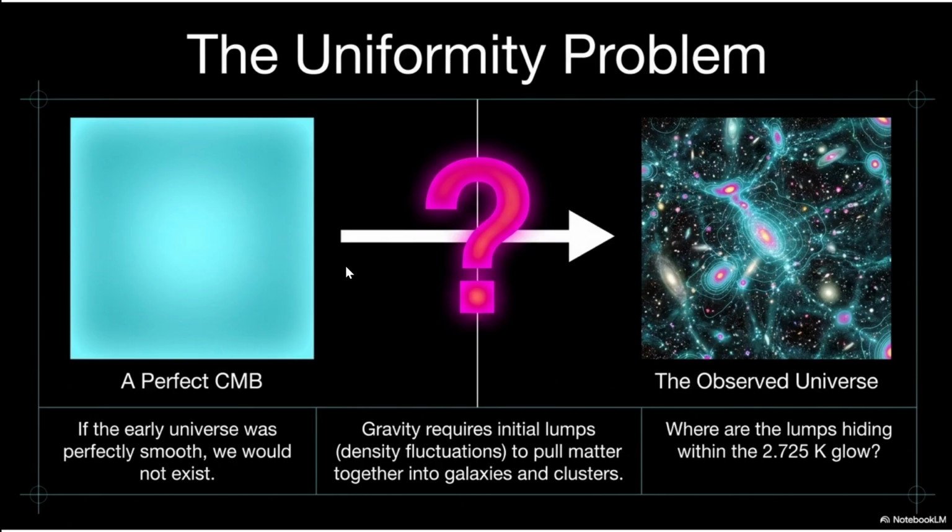And in terms of why the CMB can't just be a perfect uniform black body, but why there have to be temperature variations, is that we would not exist otherwise, because we need there to be slight variations in order for dark matter, or gravity in general, to tug material together to form structures in the universe.